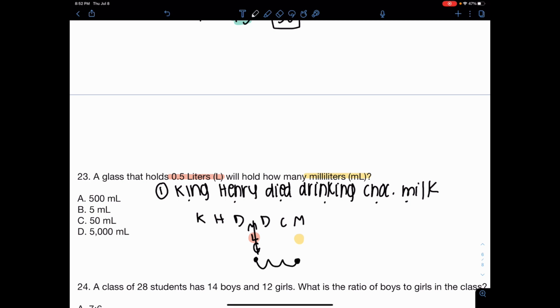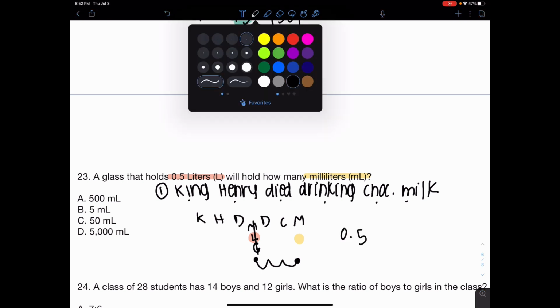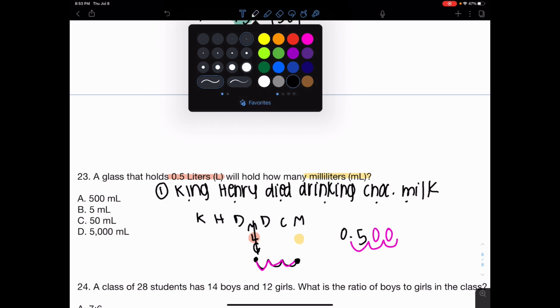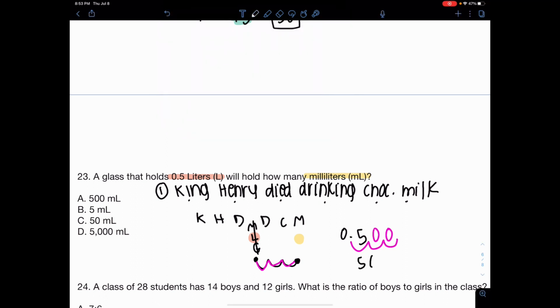So we have 0.5, there's our decimal, and we're going to move 3. So 1, 2, 3, and just fill in the rest with zeros. So that is going to equal 500 milliliters for 0.5 liters. And there's your answer.